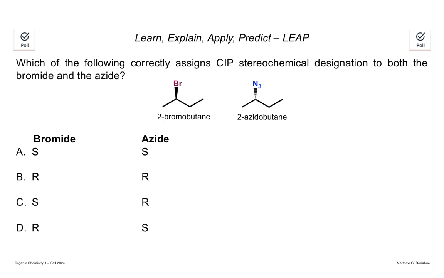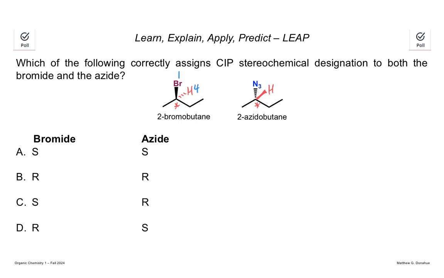So in this problem, we'll go through that exercise of assigning R and S using atomic number as the priority. So we put our hydrogens in there to facilitate that. And I'll change the color here to blue. So bromine's going to be 1.